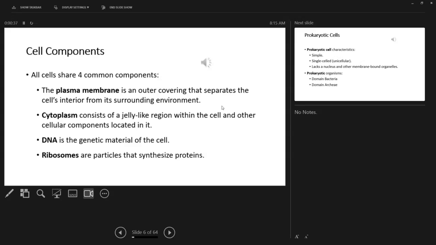It's just a thin layer of flexible material that contains the cell. The inside of the cell, what is surrounded by the plasma membrane, is called the cytoplasm, and some books include the nucleus as part of the cytoplasm. Other books do not.